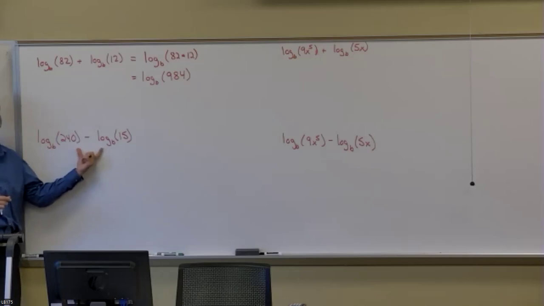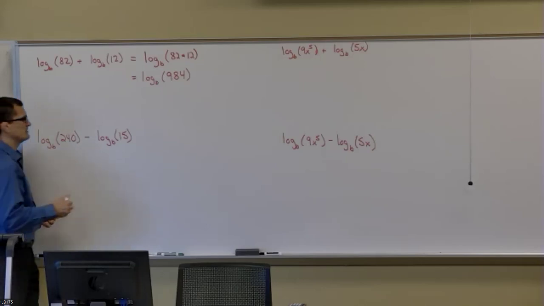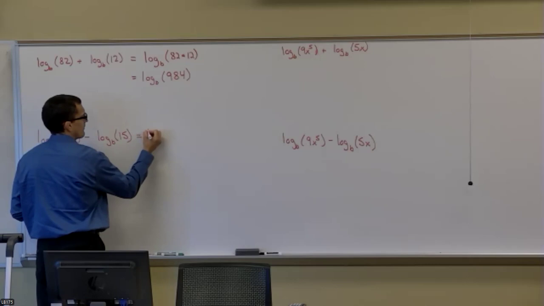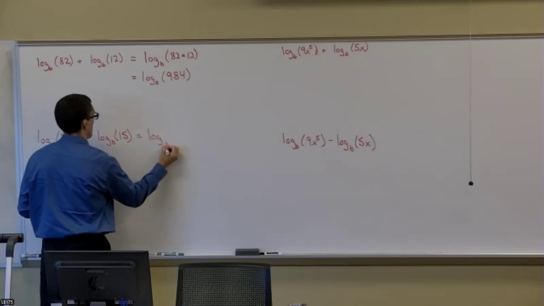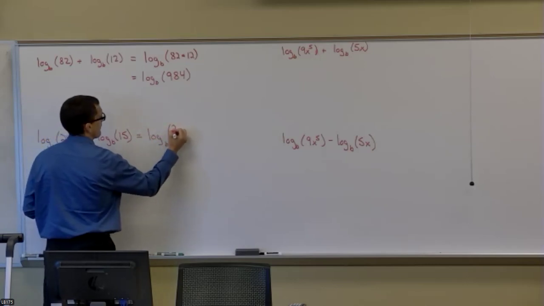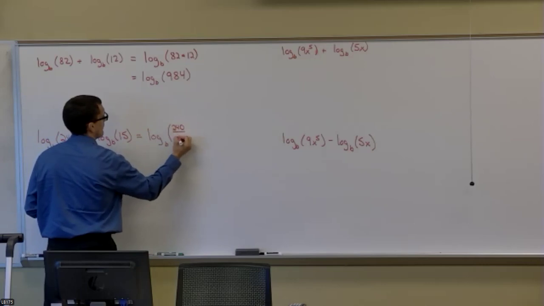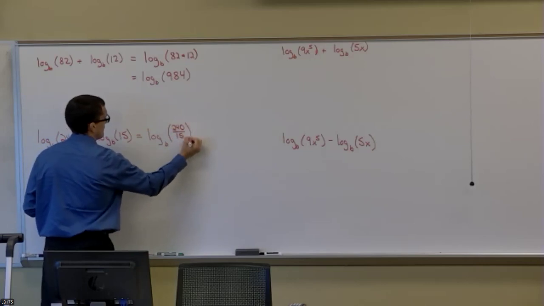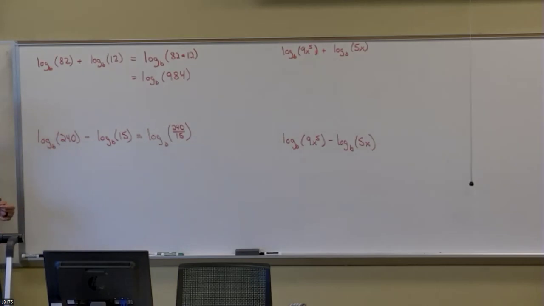This one is the right-hand side of the quotient rule, which says that if I take log base b of 240 divided by 15, then I get this, right?